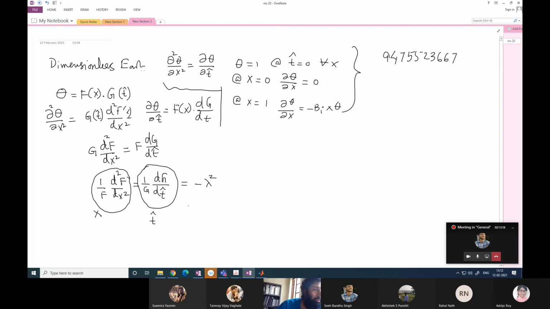Now if we solve it, we get g equals c3 e to the power minus lambda square t, and f equals c1 e to the power lambda x plus c2. Since lambda square is positive, it will be complex roots, so it will be sine and cos.